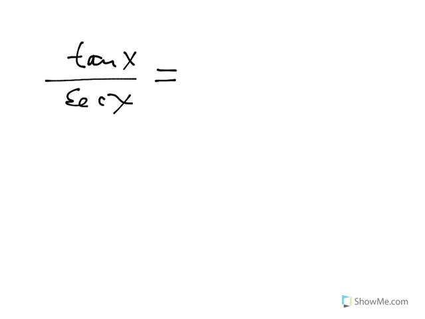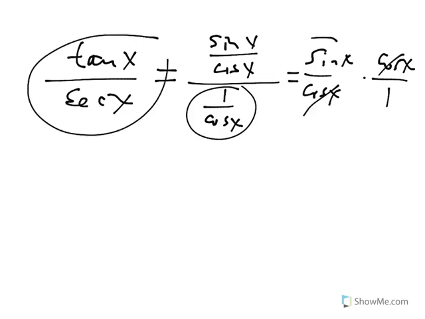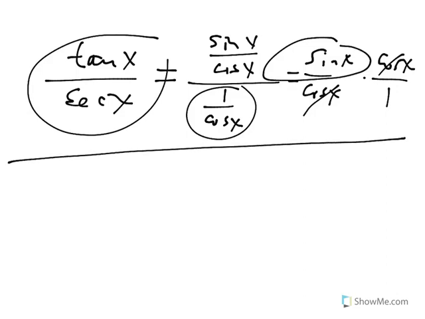So tan x can be replaced with sine x over cosine x, and secant x can be replaced with 1 over cosine x, and then I can multiply by the reciprocal and cancel, and I get a new identity that tan x over secant x is equal to sine x. So this is simplifying an identity, or changing one expression into an equivalent expression.